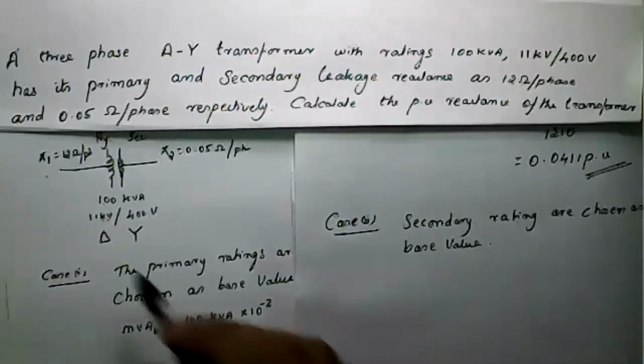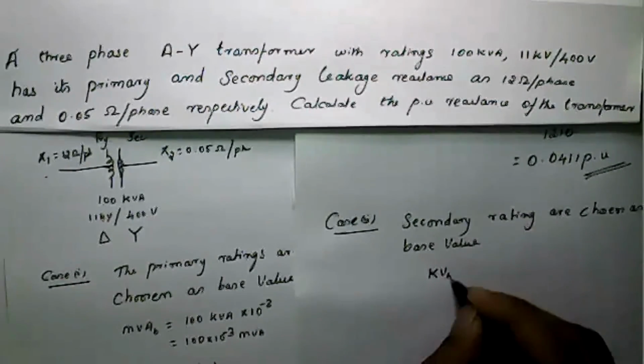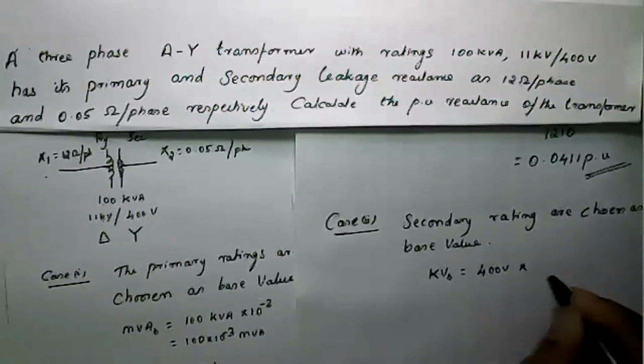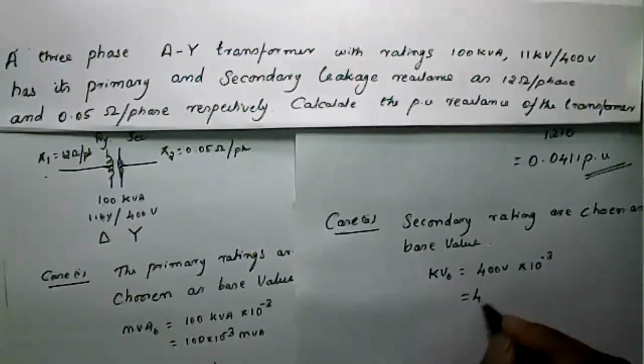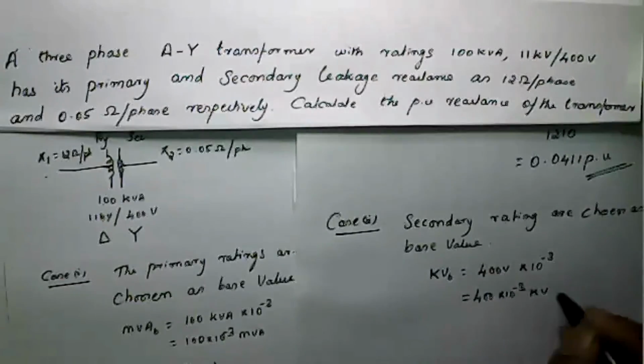The secondary side voltage rating of 400 volt, converted into kilovolt, is 400 into 10 power minus 3 kilovolt.